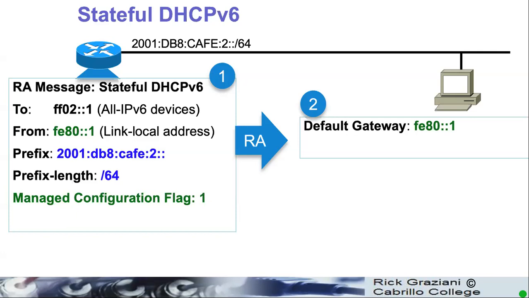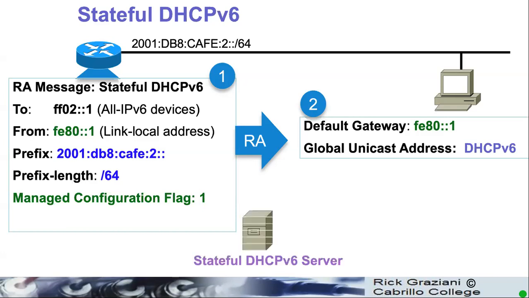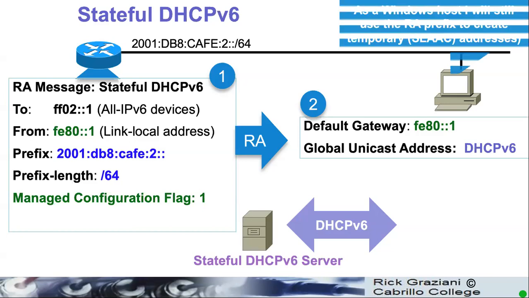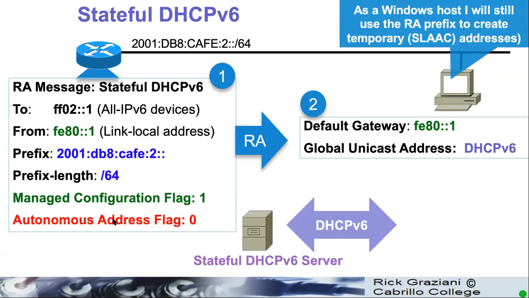Managed config flag set to 1 means I have to talk to a stateful DHCPv6 server, which I will do to get all my addressing needs. And because the A flag is set to 0, I will not create my own IPv6 address. I will go to a stateful DHCPv6 server for everything but the default gateway address.